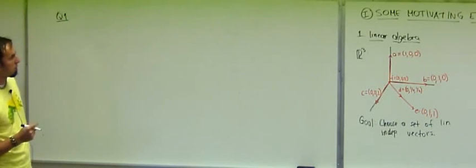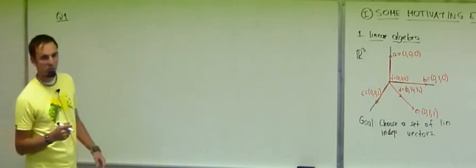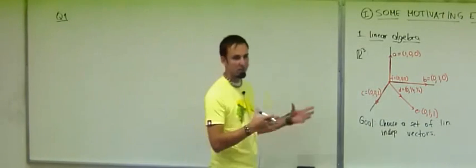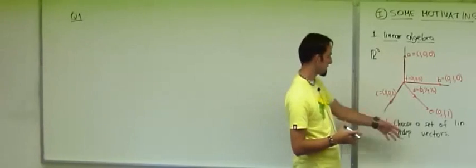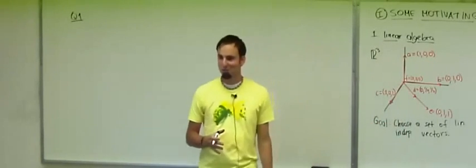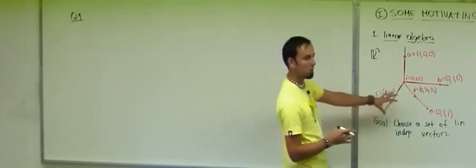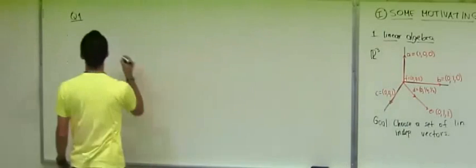My question 1 is a Sesame Street question. You know that song of Sesame Street that says one of these vectors is not like the others. So which one of these vectors is not like the others?